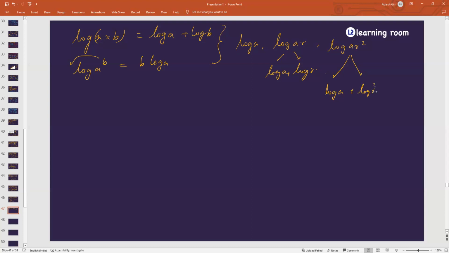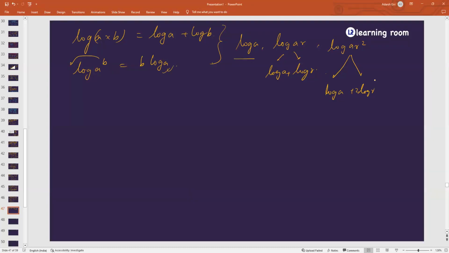And instead of log R square, I can write 2 in front of it, 2 log R. Yes or no? Yes, sir. Right? This 2 came forward with the second property that I gave you.